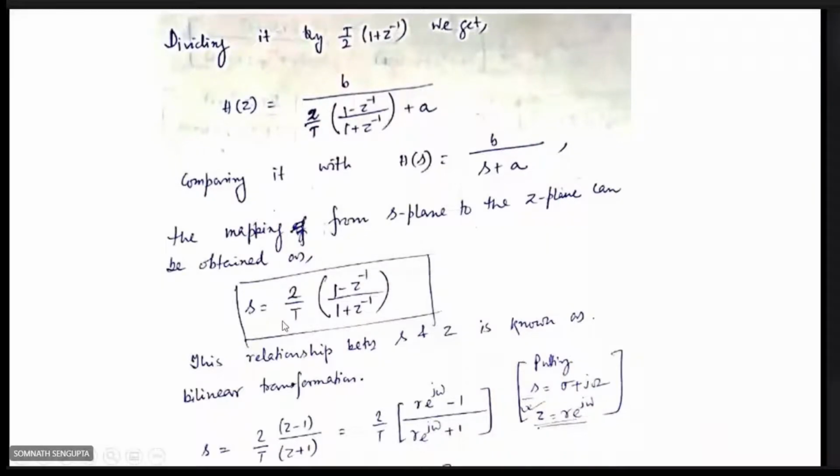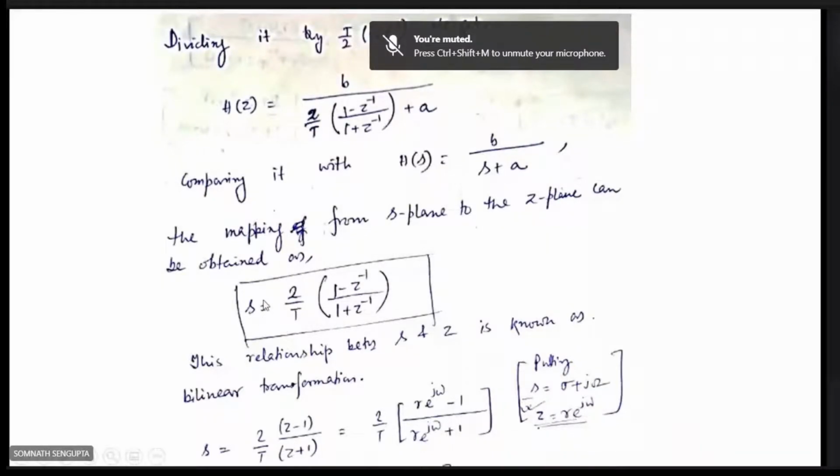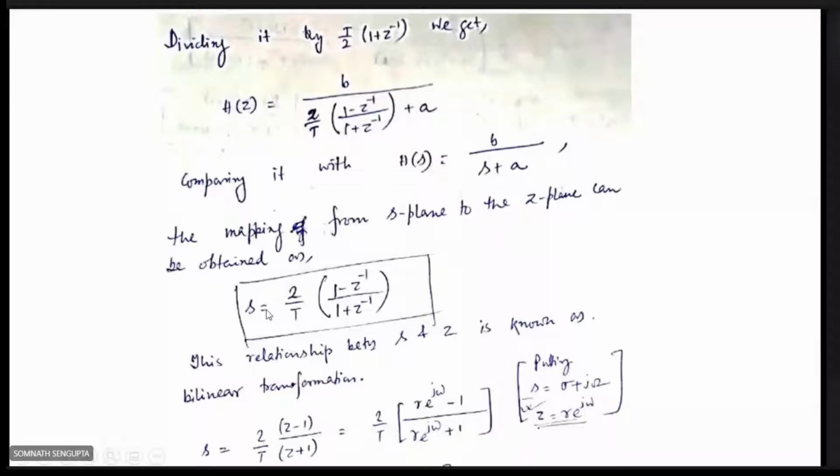So this is s. It is the relation between s and z. In the impulse invariance method, we had used z is equal to e to the power st, but here we use this function.